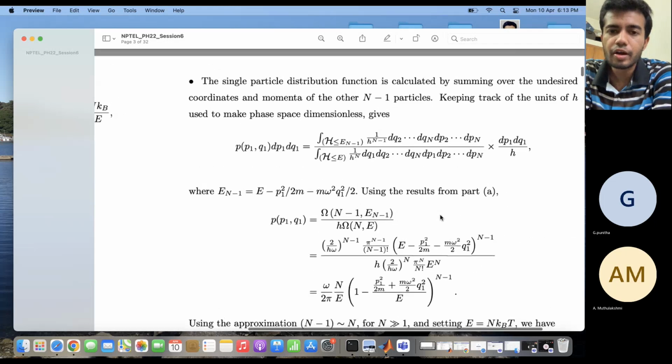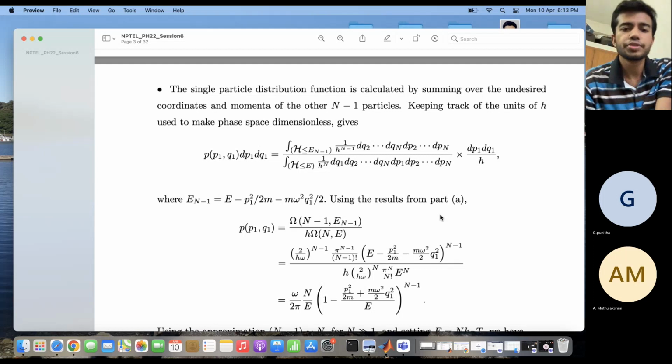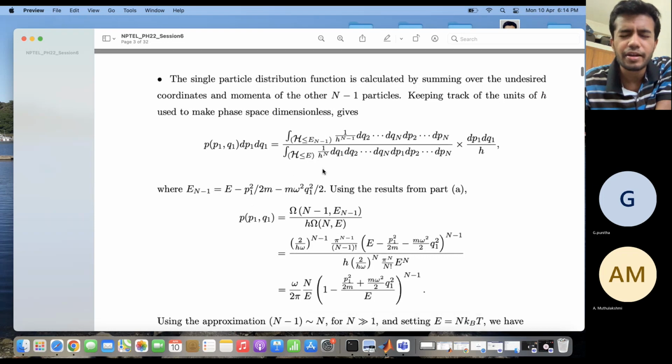So what is the probability of an oscillator to have momentum P1 and position Q1? So the probability of having momentum P1 and position Q1 is given by this expression, right? And in order to find this, I basically integrate the Hamiltonian over all the coordinates other than P1 and Q1 and then divide by the integration over all coordinates including P1 and Q1, right?